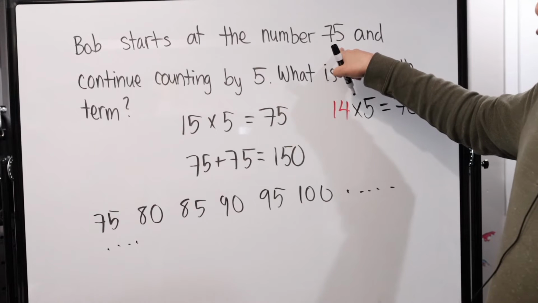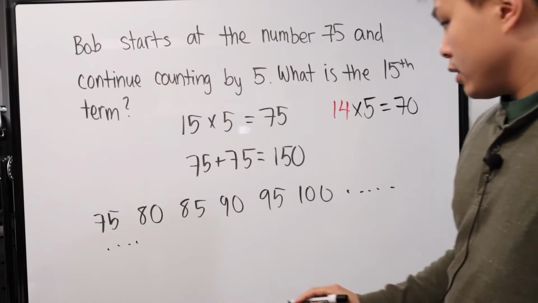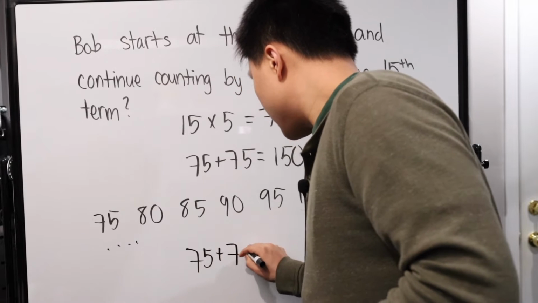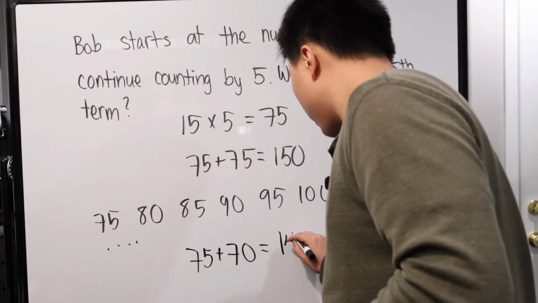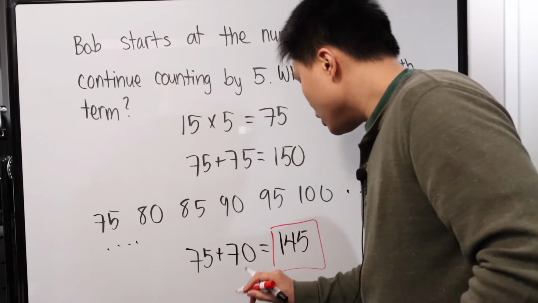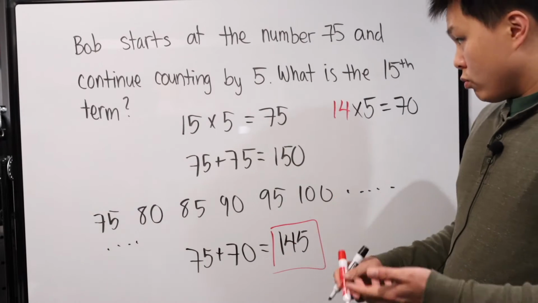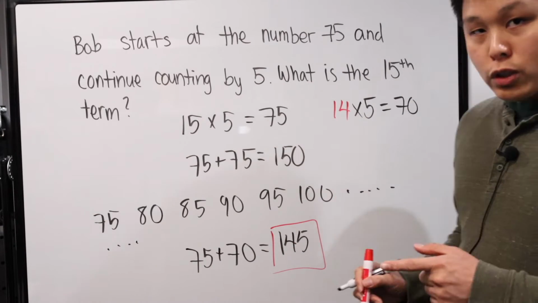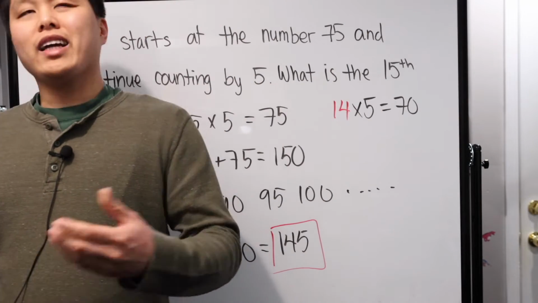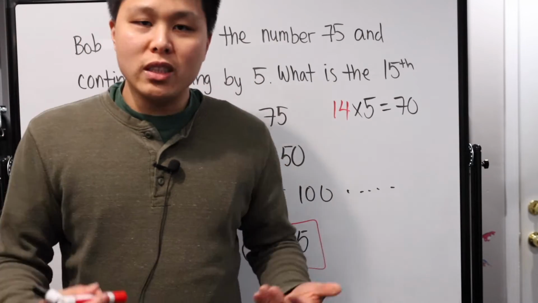With the original number, your first term, you add 70. So it's 75 plus 70, which is 145. So the actual answer is 145. In this situation, we overcount. The first situation, we undercount. So what do we do to avoid situations like that?